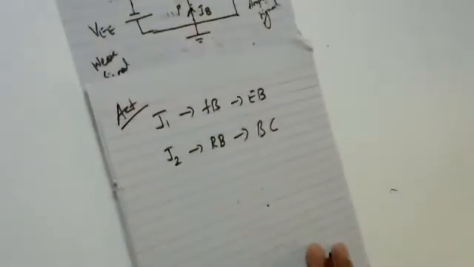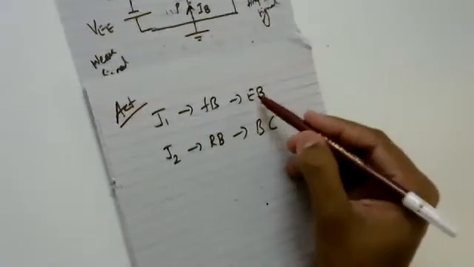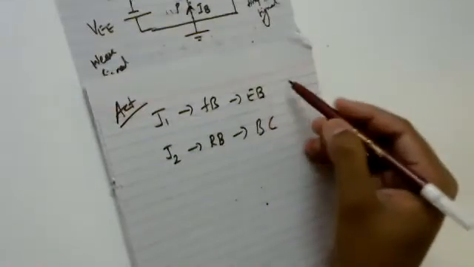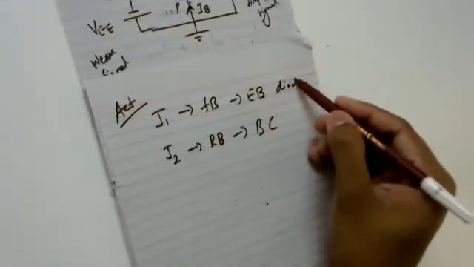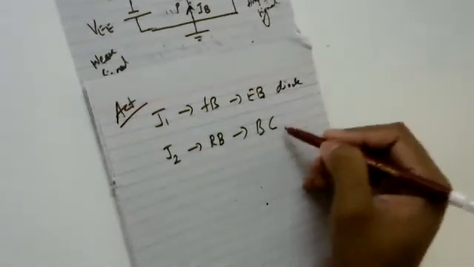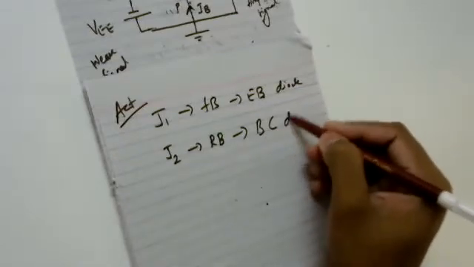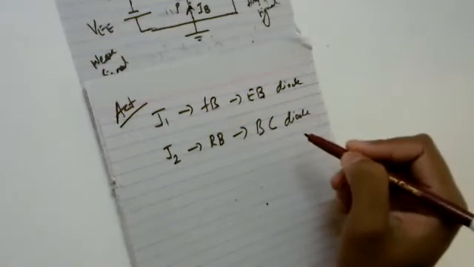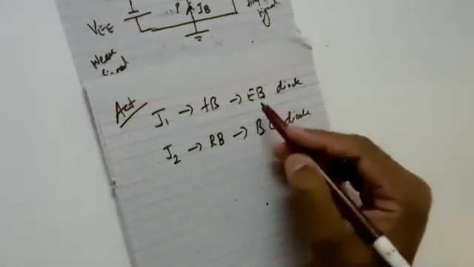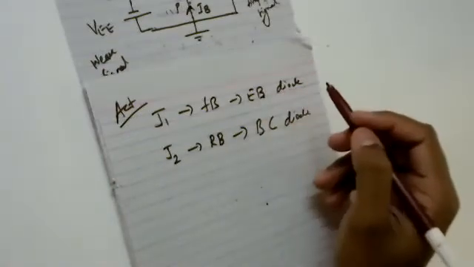I can call the EB junction one diode, the EB diode, and BC as one more diode, the BC diode. So this is the BC junction diode and this is the EB junction diode.